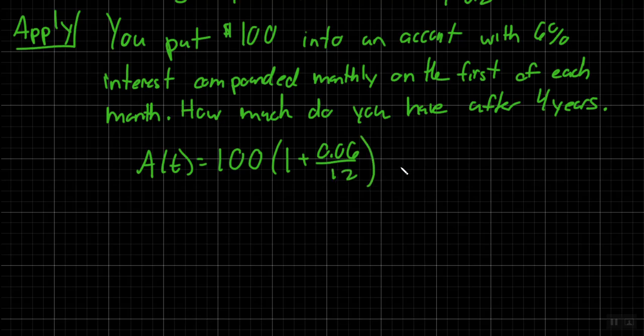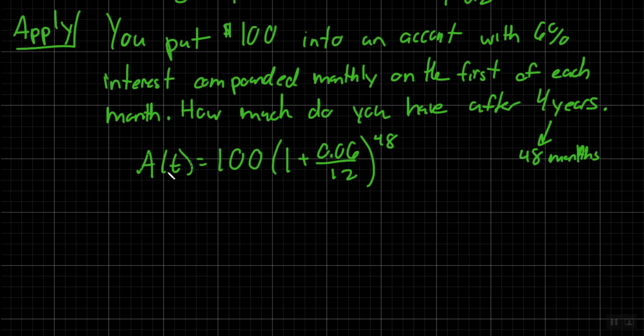Yep. And then what is our time? 4 years. So 4 years times 12 because we want it in months. So that's 48 months. So I should be putting 48 up top.